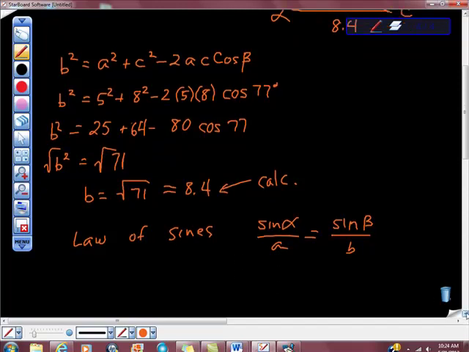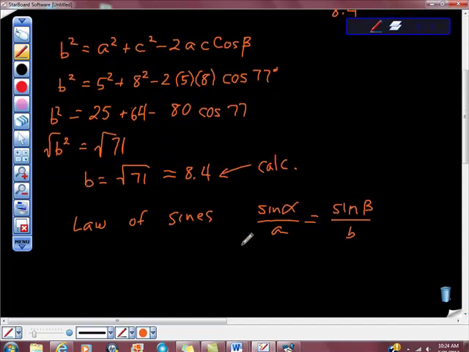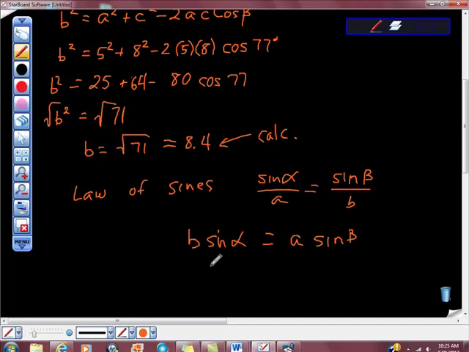I'm going to do all this algebra. So I'm going to cross multiply here and get a sine beta is equal to b sine alpha. I'm going to divide both sides by b. I get sine alpha is equal to a sine beta over b. Isn't that true?